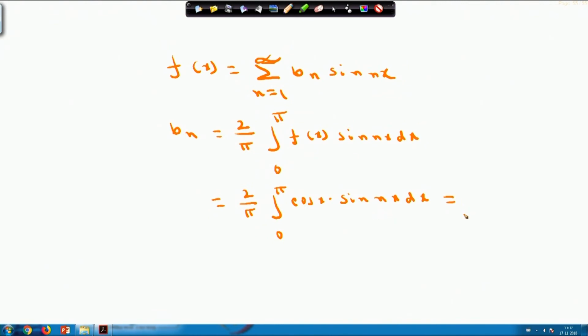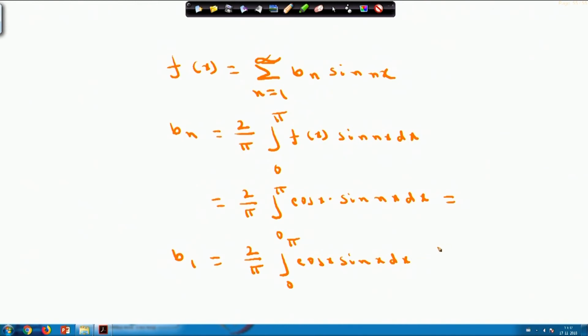Already we have done the result of this. Sorry, here I have to make n equals 1 first. What is b 1? Let us check. Your b 1 will be equal to 2 by pi, 0 to pi, cos x into sin x dx. I have to make it for n equals 1. What happens for n greater than 1?